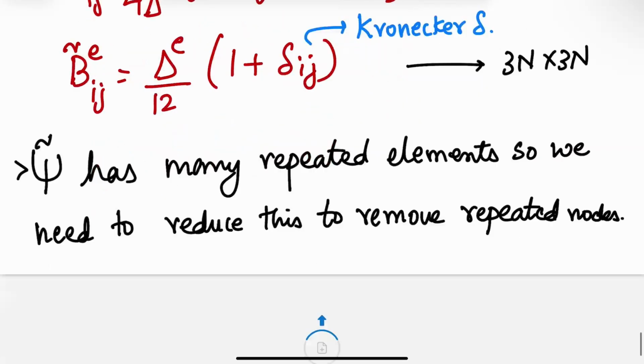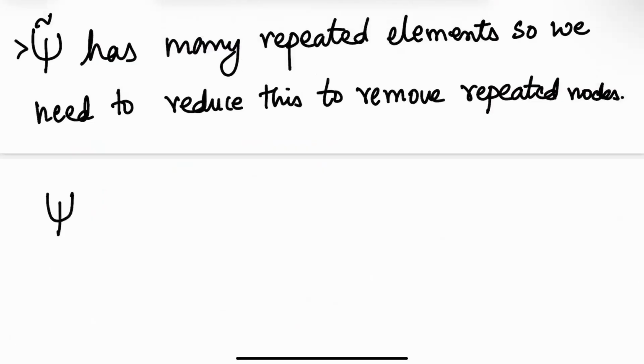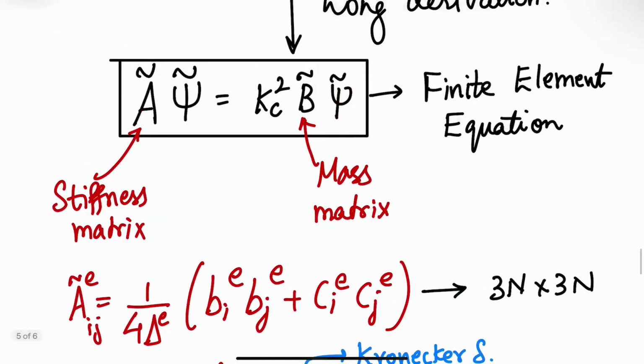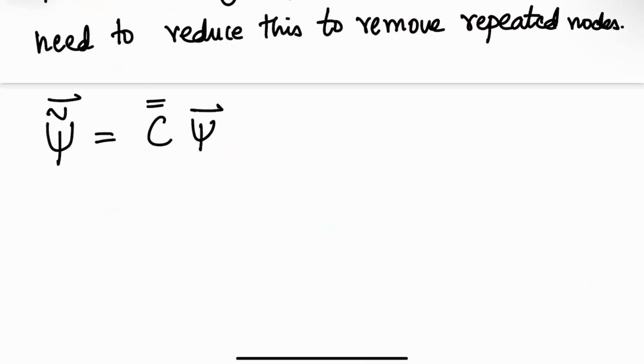Okay, and this is done by something called the connection matrix. So psi tilde is given by the connection matrix C times psi. These are obviously vectors. Psi tilde was the vector you would solve for in this equation. But instead of solving directly for this, we can make it a little bit simpler, since we know what the connection matrix is for a given mesh.